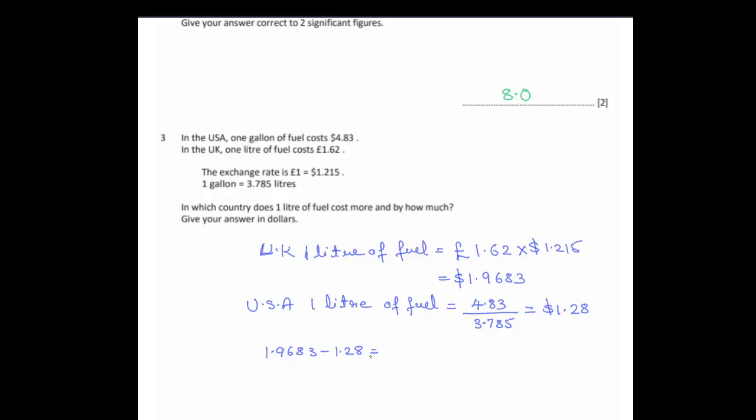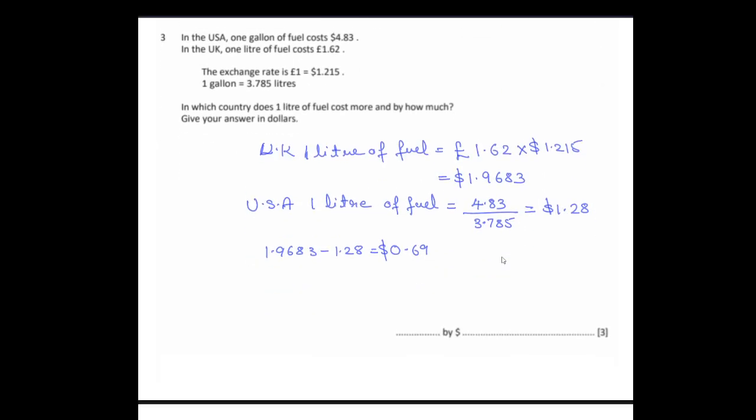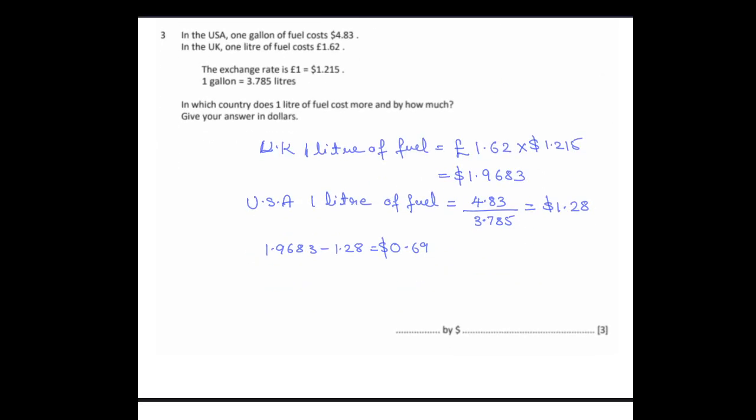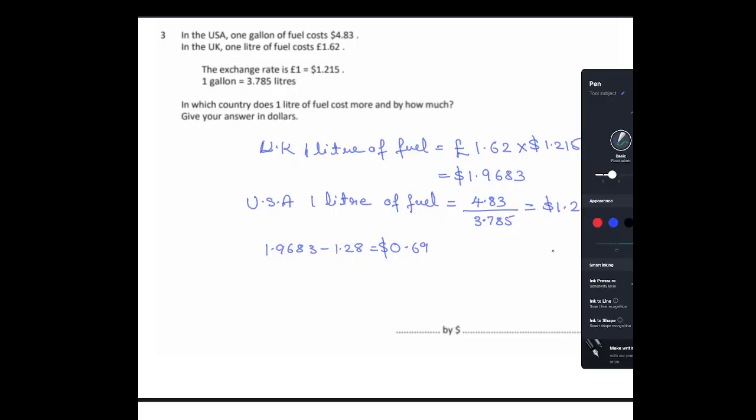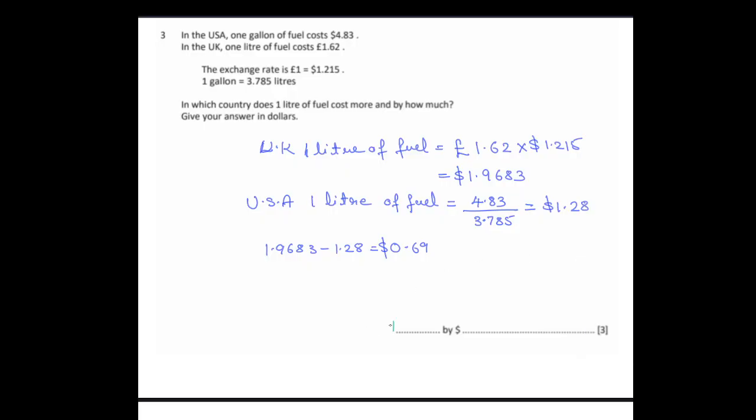So we can make it $0.69. So you can write the UK, it's more in the UK by $0.69. Question number 3 is done.